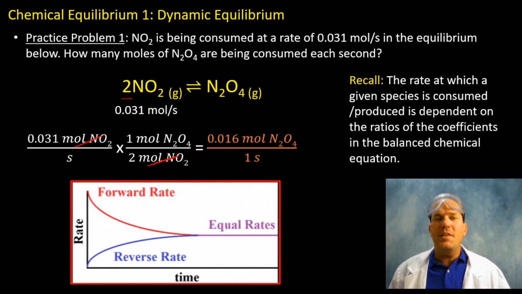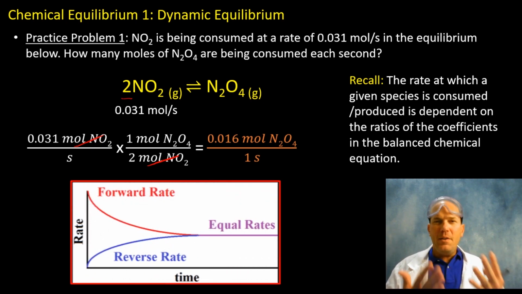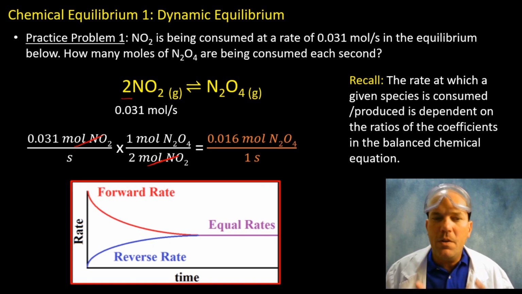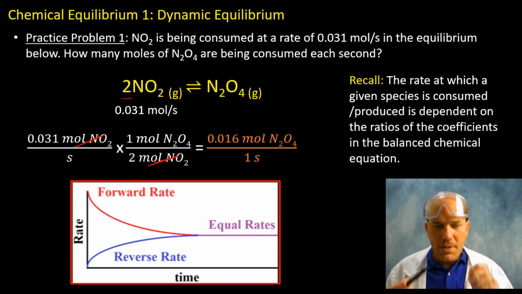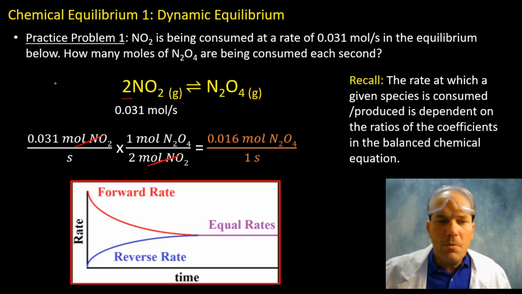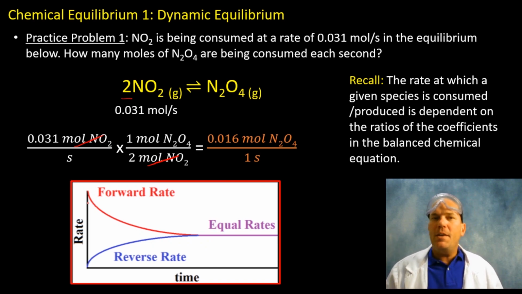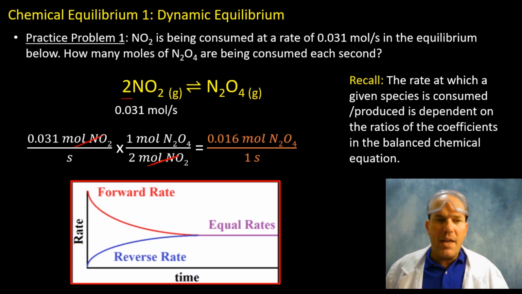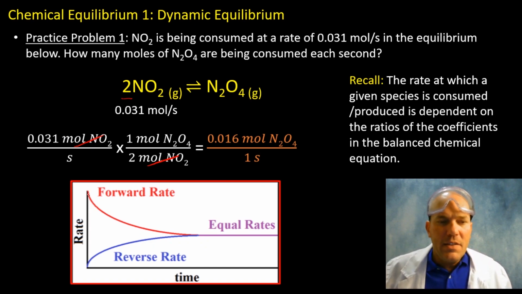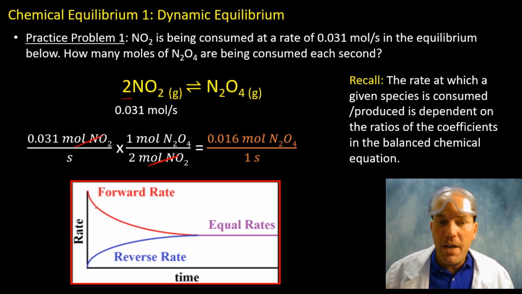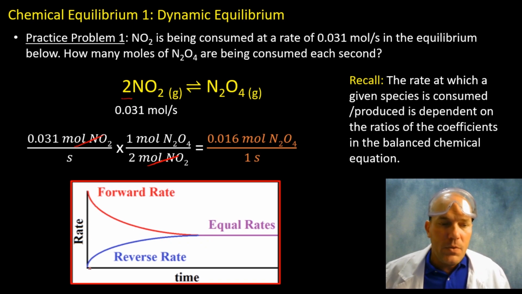Graphically, we can look at this. The red represents the forward rate. The blue is the reverse rate. Please think about this for a moment. In the forward rate, remember our schematic. We started with everything pushing to the right, so we had a very high rate. As the reactants were turning into products in the forward reaction, they are producing the products.